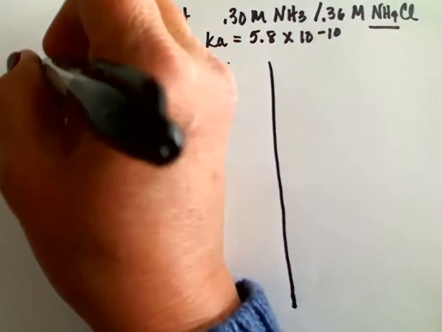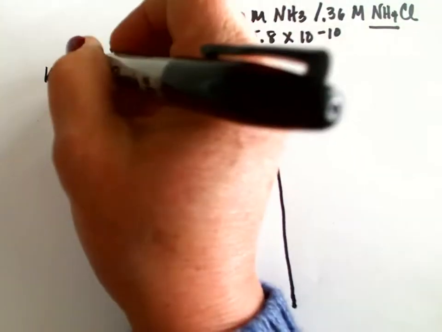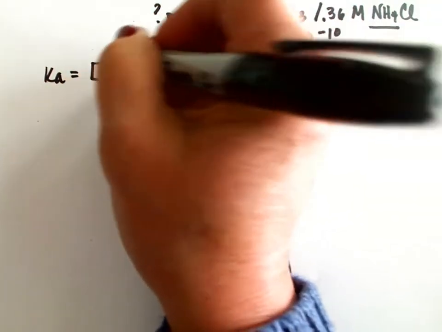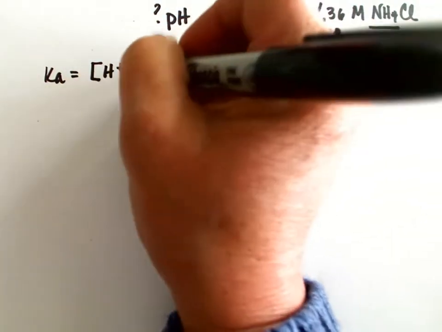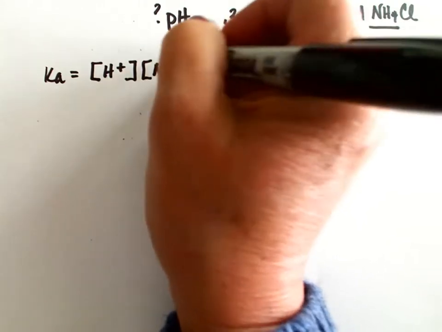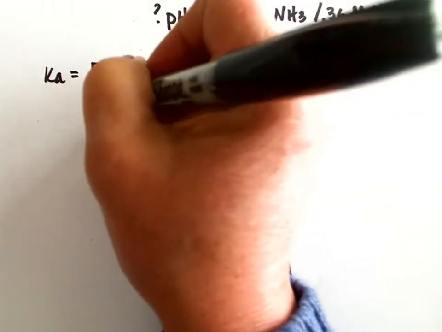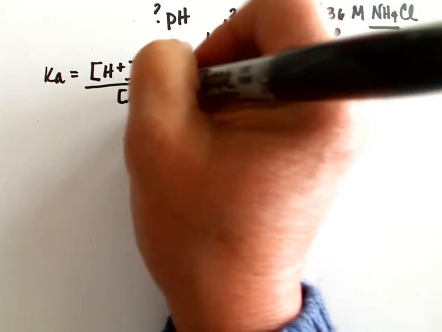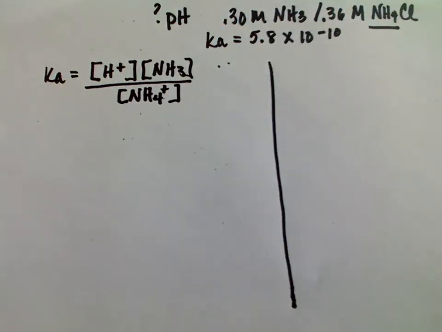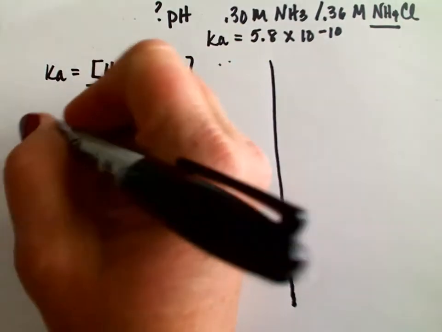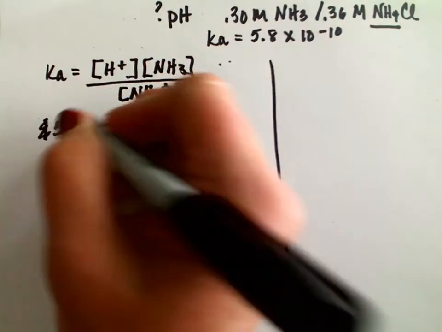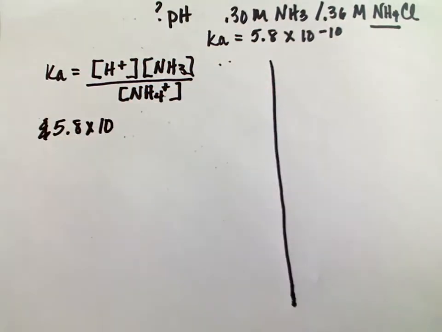And in doing so, our K sub A is going to equal the concentration of hydrogen ions times the concentration of ammonia, divided by the concentration of the ammonium ion, which again is a weak acid. So ammonia is the conjugate base. So again, sorry about that, I want to write the value of that K sub A.